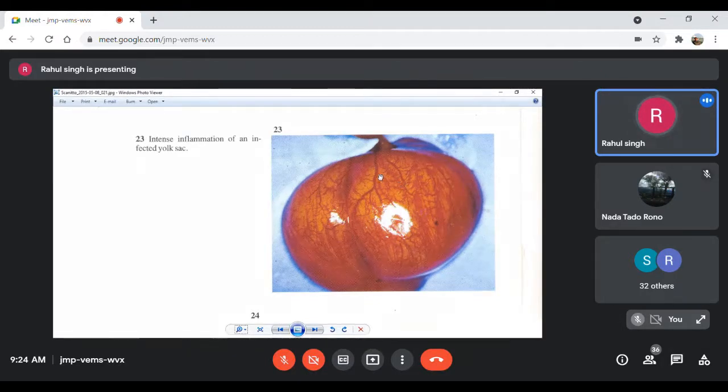These blood vessels are extensively congested. This yolk sac is inflamed, and you can see this part is the stalk. Here the yolk sac attaches to the intestine. At this point, you can see this part is the part of intestine. All right.